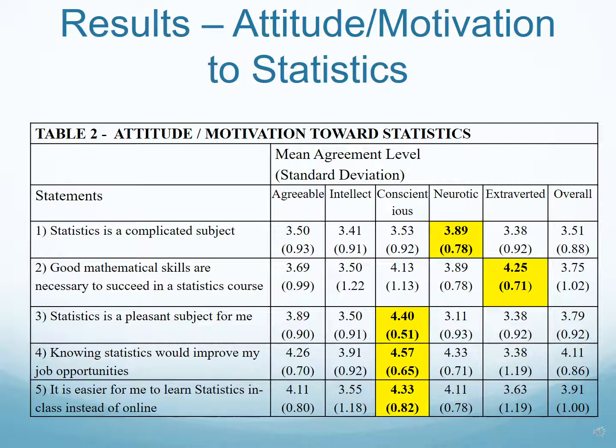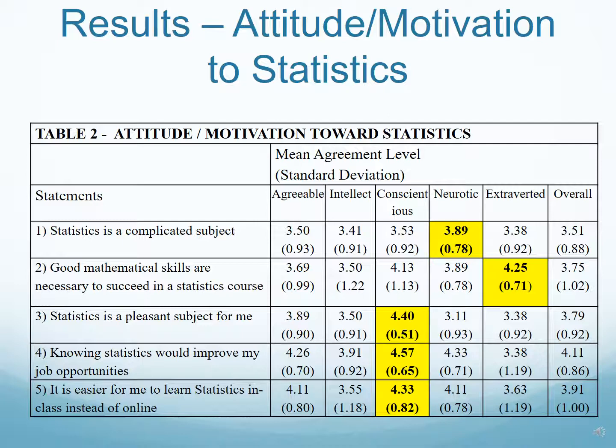Students who fall in the extroverted category gave the strongest support to the statement that demands strong mathematical skills to be successful in a statistics course.